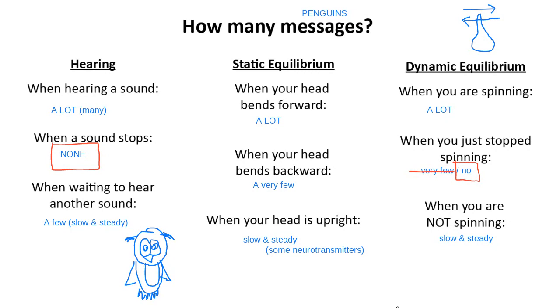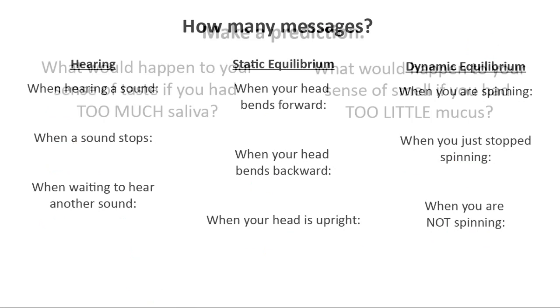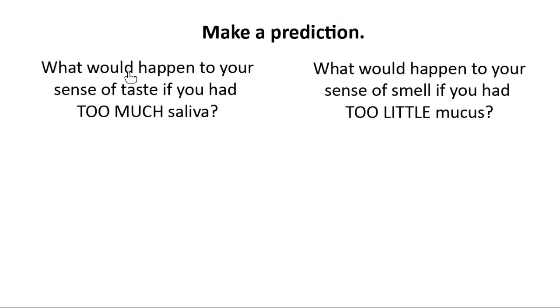All right, one more thing that we did in our groups is we talked about our two chemical senses. When we talk about a chemical sense, can you remind me in the chat, what does that mean? Or what are some of the characteristics of something that's a chemical sense?